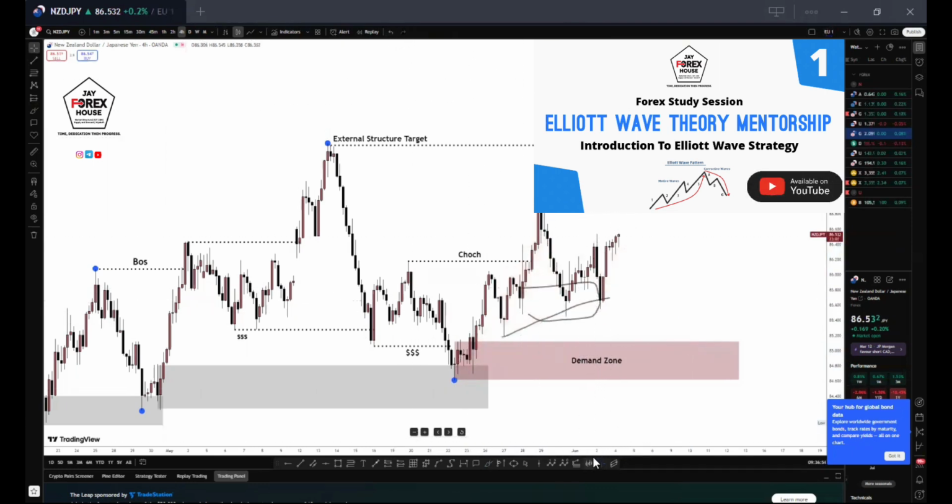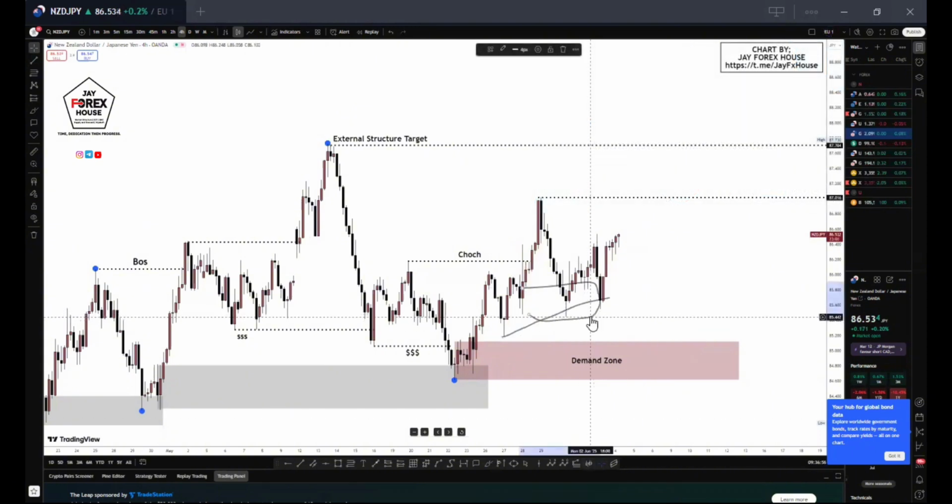All right, so looking at this, I would say this would be trend line. According to the analysis I also sent to the community, this would be internal structured trend line. And that's because we are currently within this range, right? So this would be the internal structure target to create a new higher high.